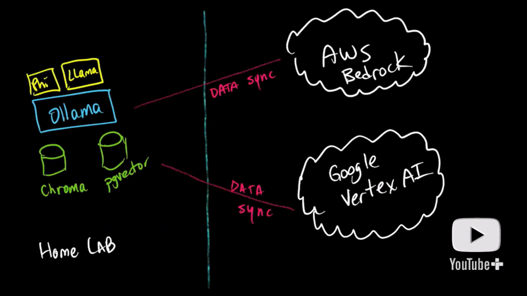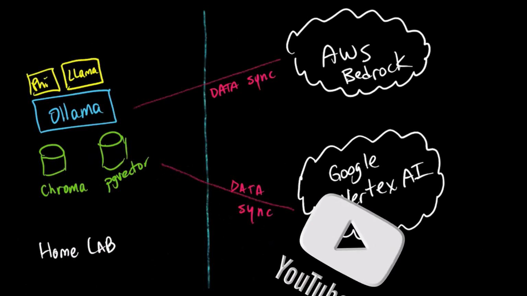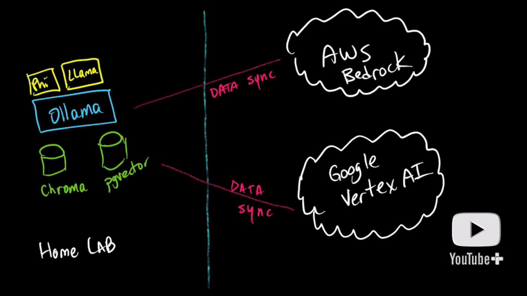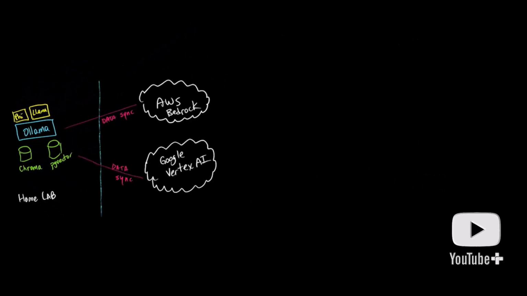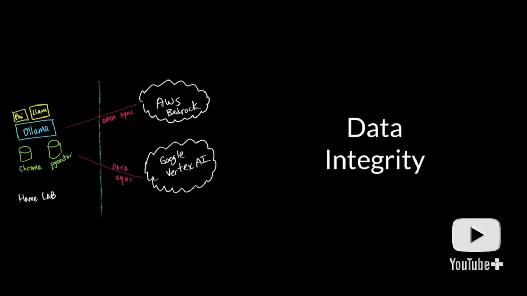So it all depends on the scenario, but there are a few best practices for data synchronization, specifically if you're now going over some advanced labs like for fine-tuning, for training a model from scratch and so on. Whenever you're doing data synchronization, you need to maintain data integrity.